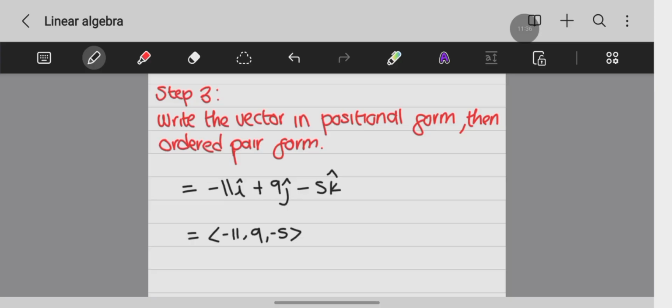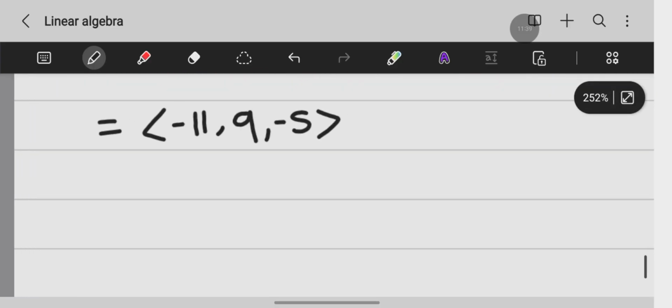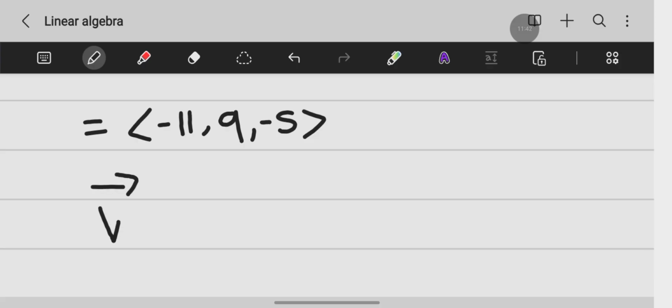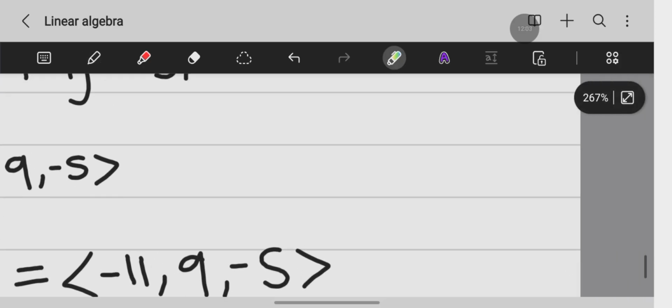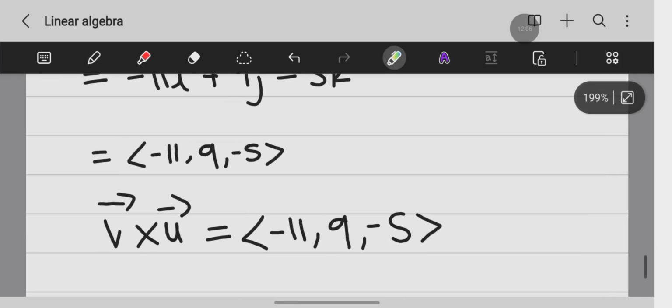Basically means the vector that's produced by, in this case, we were doing V times U. So the vector that's produced by this is negative 11, 9, and negative 5, right? And this vector is always perpendicular to both U and V, right? I have examples, I think, at the bottom of how to find the perpendicular of both vectors.